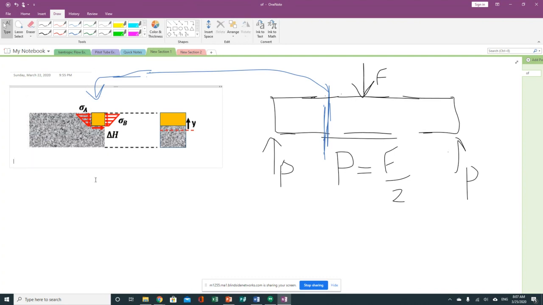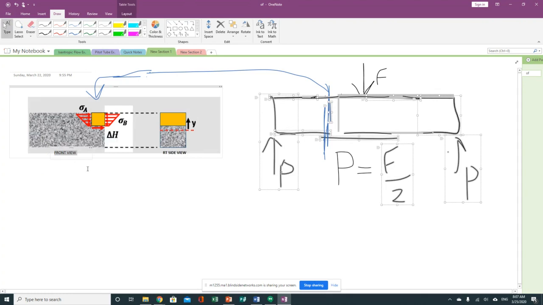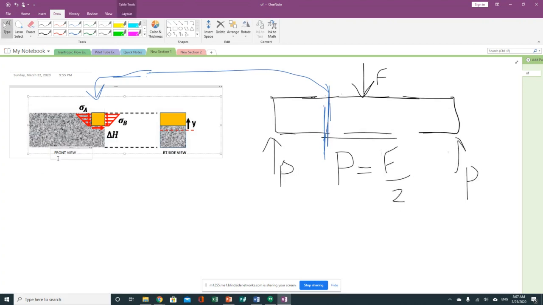This guy on the one side is your front view. This guy over here is like a right side view. So the one on the left that I'm doodling on is looking straight at the 3-point bending diagram that I drew.